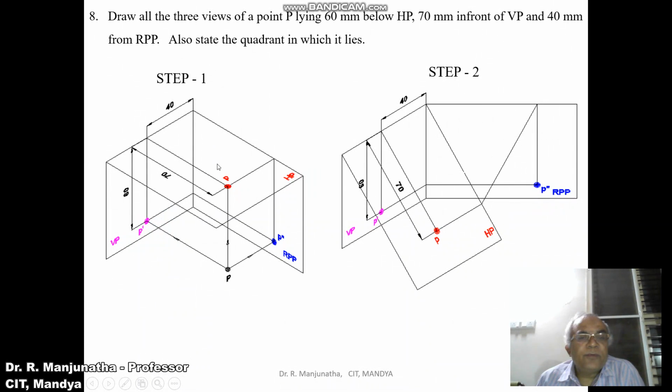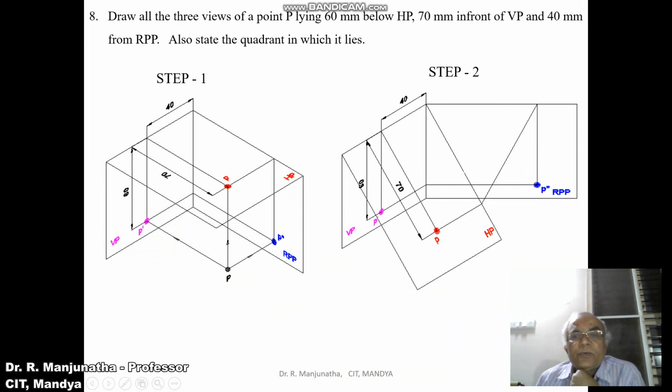If you look from the top view, the in front of RPP distance can also be seen in the horizontal plane. So the distance with respect to the profile plane can be seen in the vertical plane as well as in the horizontal plane. And always both P dash and P double dash are going to lie on the same line. So here, this is the three-dimensional analysis which we have considered.